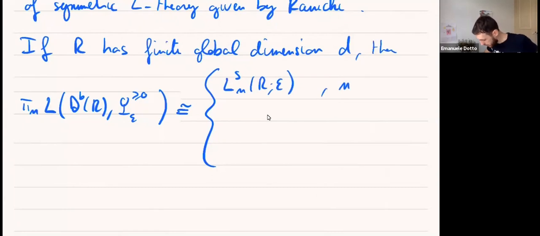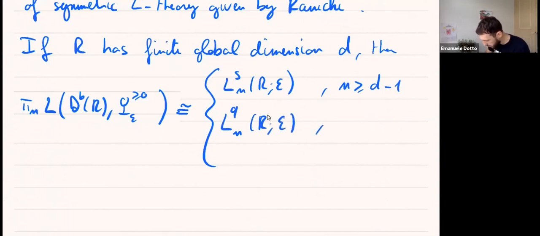So if the degree is greater or equal to D minus 1, where D is the global dimension, they are the quadratic ones in small degrees. So if n is less than or equal to minus 3. And in degree 0 and 1, they are related to even forms, and so we can also describe them. And between degree 0 and D minus 1, if D happens to be greater than 1, they are something else that we don't know.